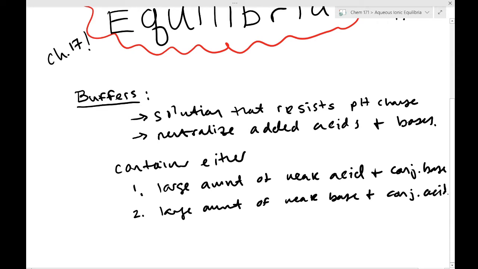Okay, so a buffer is essentially a large amount of either a weak acid and its conjugate base, or a large amount of a weak base and its conjugate acid.